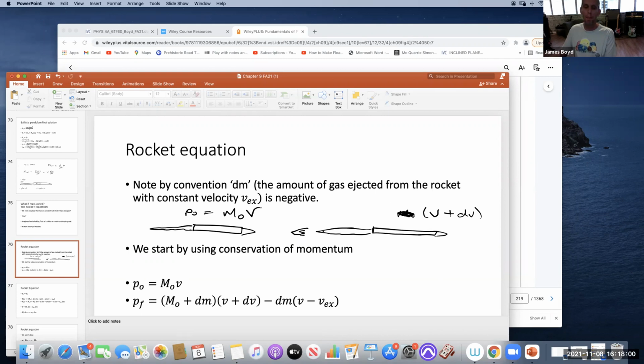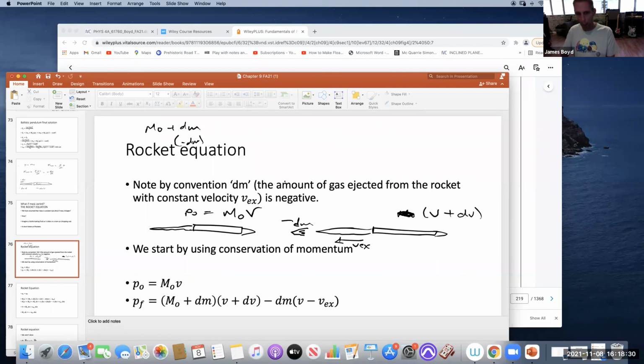Now, if you remember the velocity addition, if this is some v exhaust speed, and this is some little dm. Now dm has to be negative. It's actually a negative quantity, meaning that when we write m naught plus dm, this is a negative quantity in here.